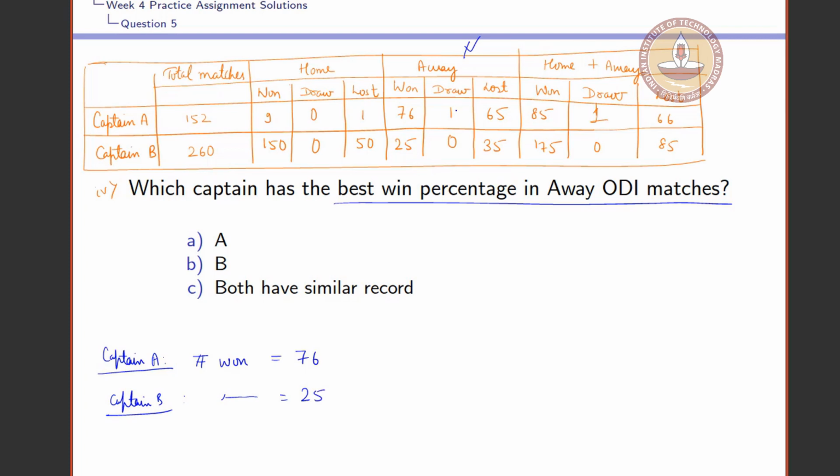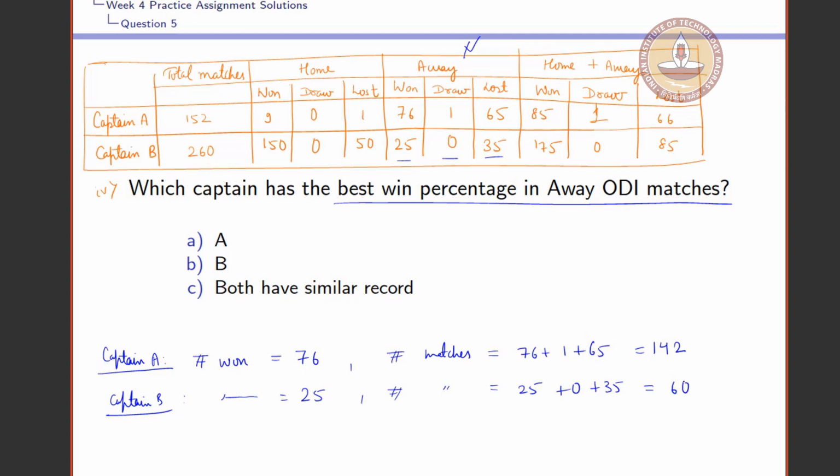The total number of matches played by Captain A in away ODI matches is 76 plus 1 plus 65, that is 142, and the number of matches played by Captain B in away ODI matches is 25 plus 0 plus 35, that is equal to 60.